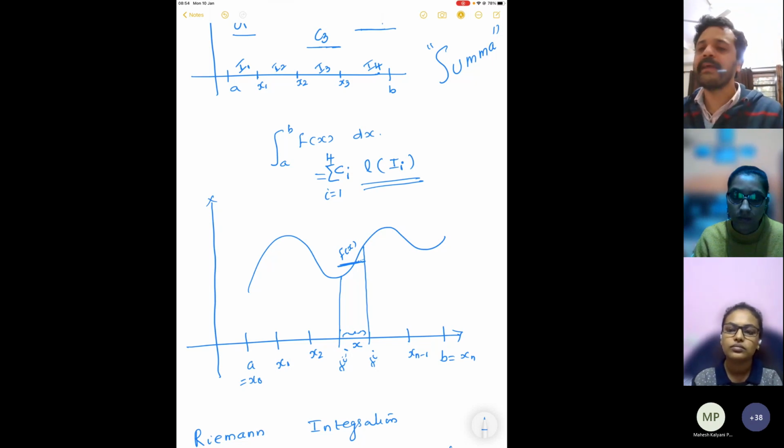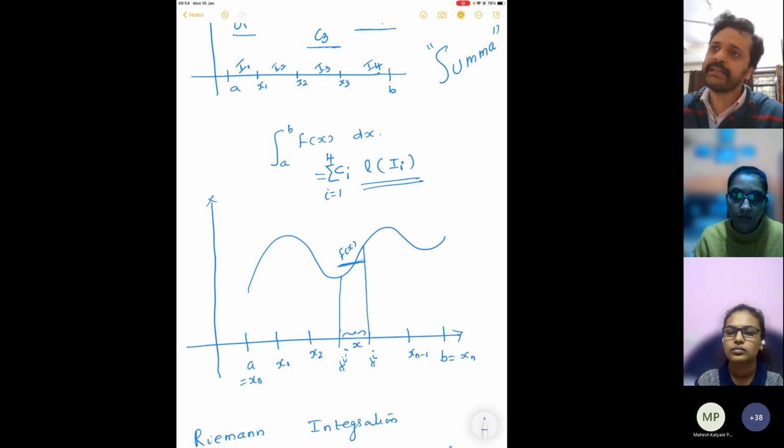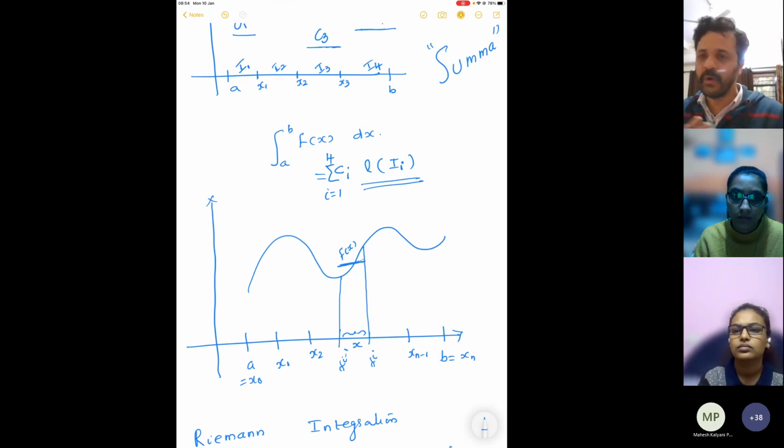What Riemann did was divide the total bundle into several sub bundles. In each sub bundle there may be currency notes of different values. 500 rupees notes may be there, 100 rupees notes may be there, 2000 rupees notes may be there. But what Riemann did was forget about these varying notes and approximate with the same note, right?